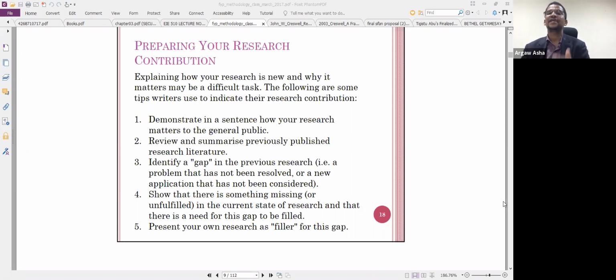So this is a gap, okay? Starting from some points, you can use gaps to identify those situations. Then you can show that there is something missing.